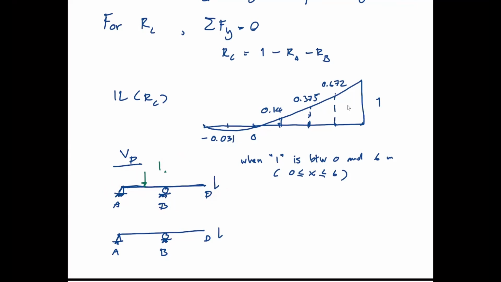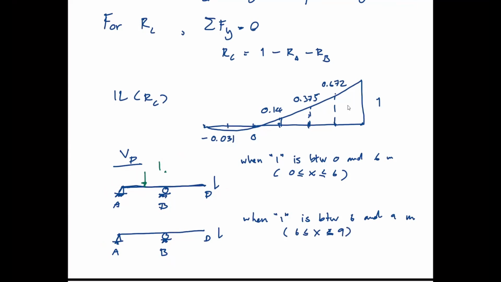All right, and then this is your second free body diagram when your unit load is between 6 and 9 meters. Of course, the distance we refer to, the distance counted from support A on the left. Okay, so here is 6.